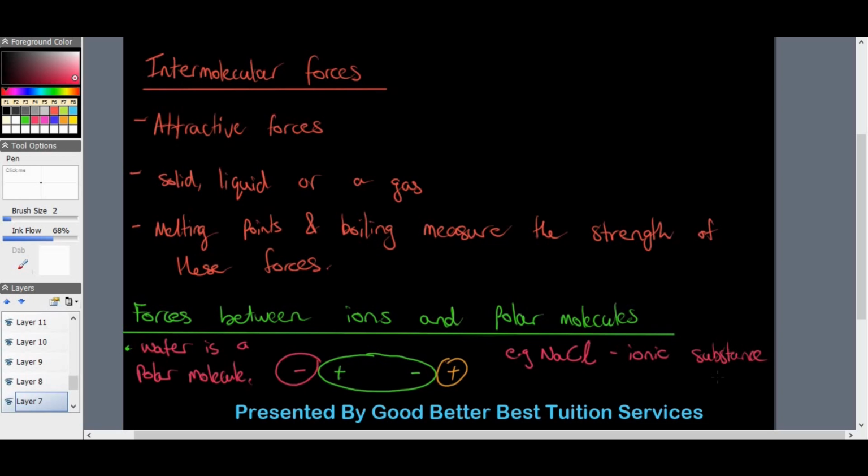If water comes into contact with an ionic substance such as NaCl and it's added to water, the positive side of the water molecules is going to attract the chlorine ions, Cl minus, while the negative side of water is going to attract the positive sodium ions, Na plus, and we've got Cl minus.